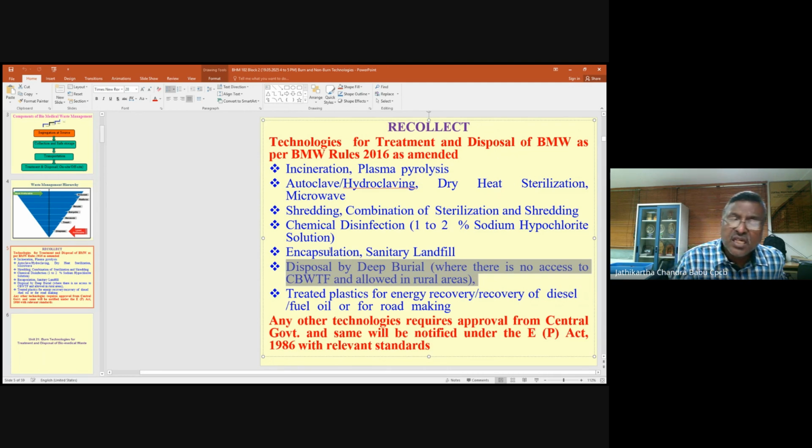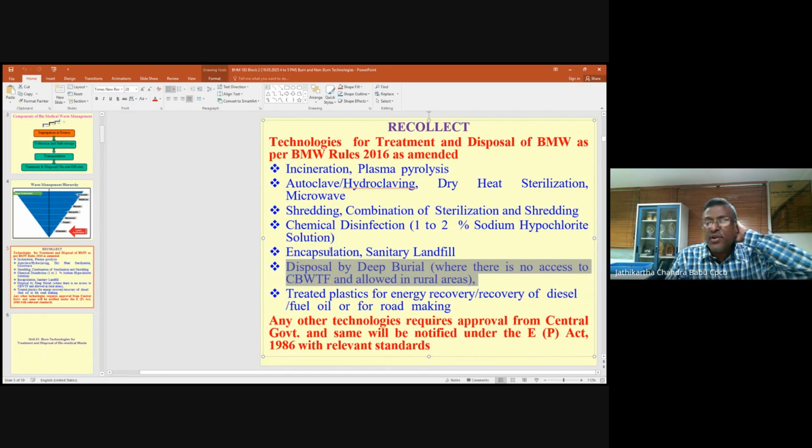Now, these are the only technologies approved under the technologies for treatment of biomedical waste and disposal options stipulated under the biomedical waste rules. If somebody wants to come out with any other treatment technologies or disposal options, then that proponent has to submit the proposal to the Ministry of Environment and Forest.